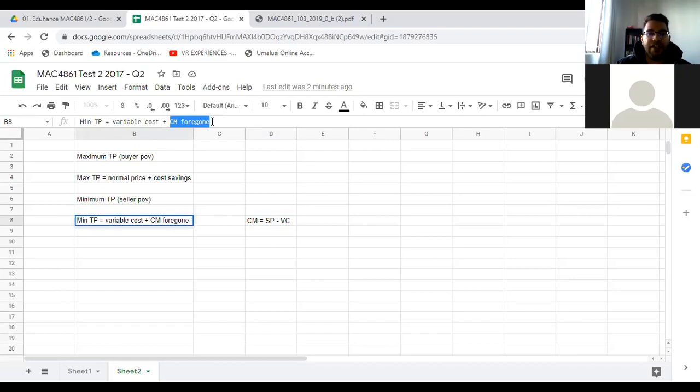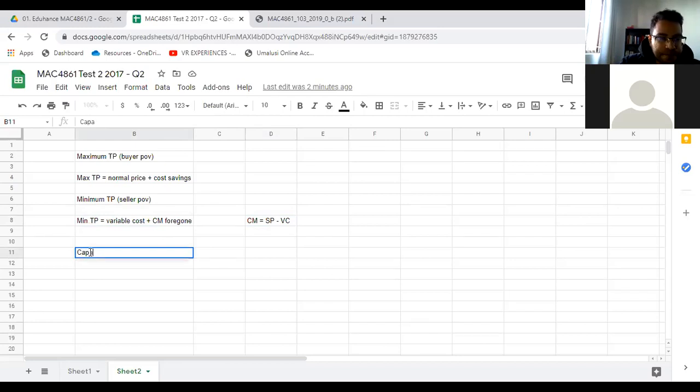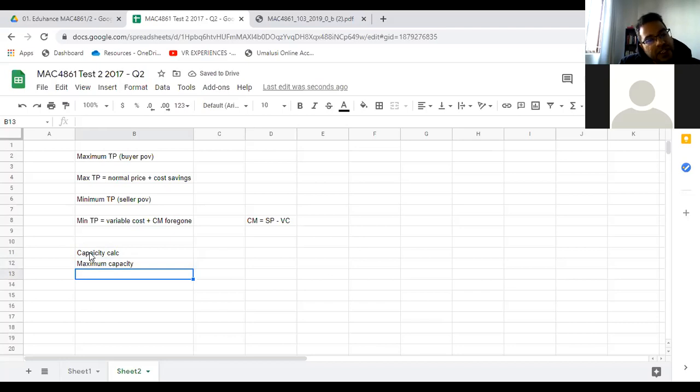And the way you'll work this out is to work out a capacity. So basically, you're going to have a capacity calculation. The capacity calculation is as follows. You will say normal capacity or maximum capacity, less external sales.